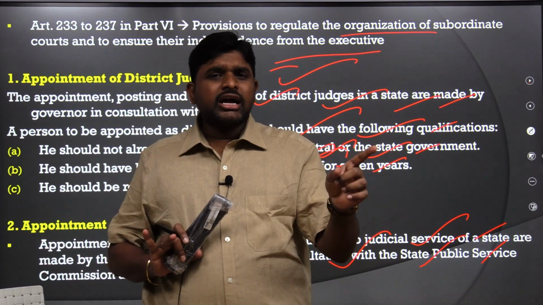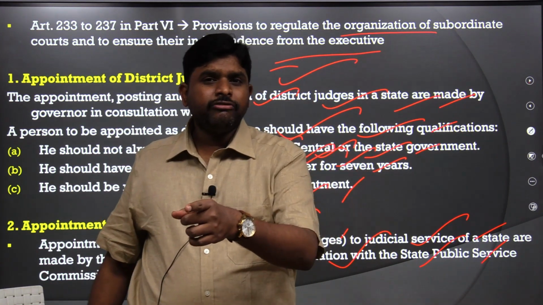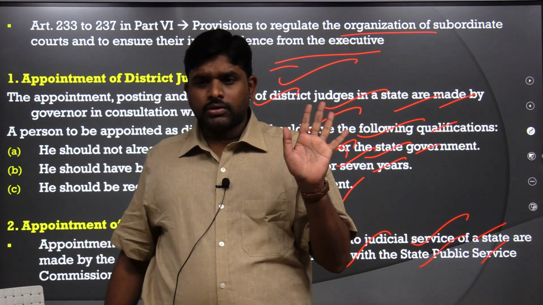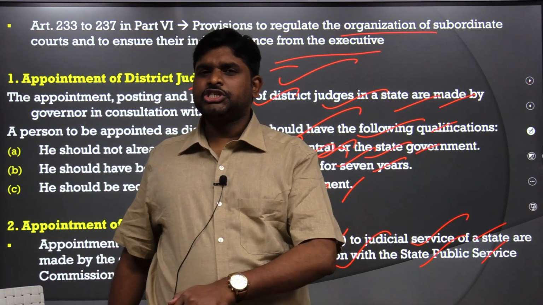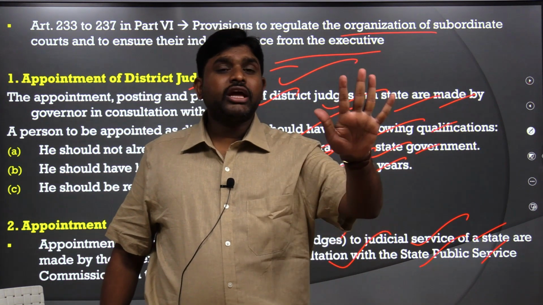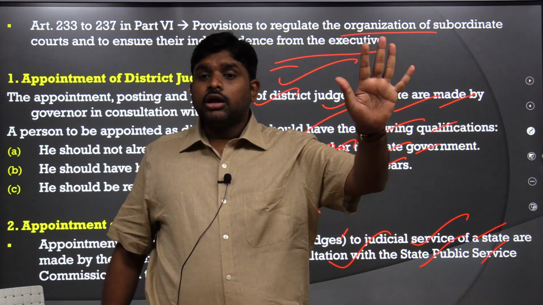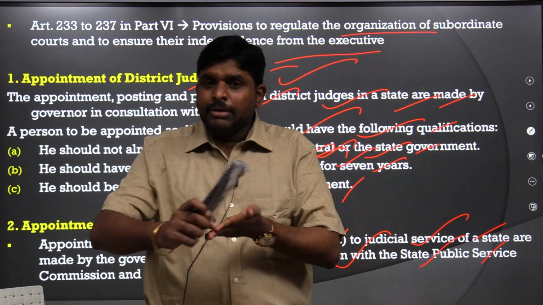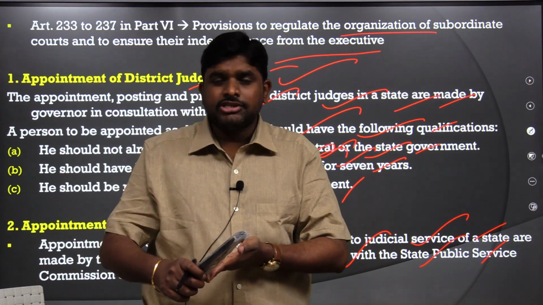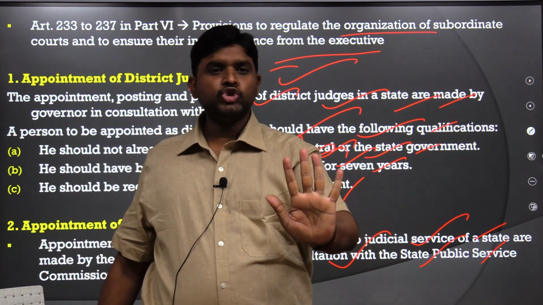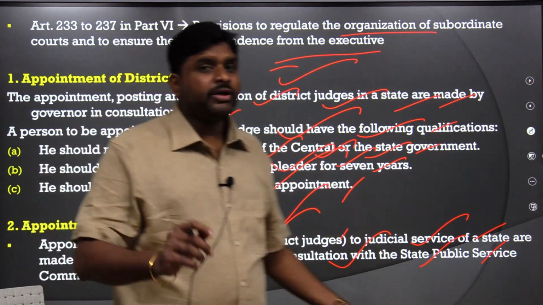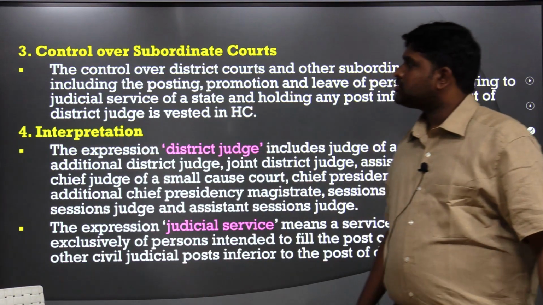The governor will appoint directly in consultation with the High Court. But for persons other than district judges, meaning first class magistrates and junior judges, there is no requirement of any experience. By writing the exam of the Public Service Commission, in consultation with the High Court, the governor will appoint them as junior judges. This is the appointment for judges in subordinate courts.